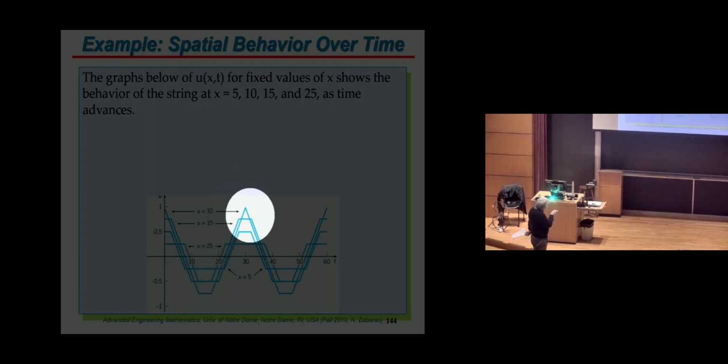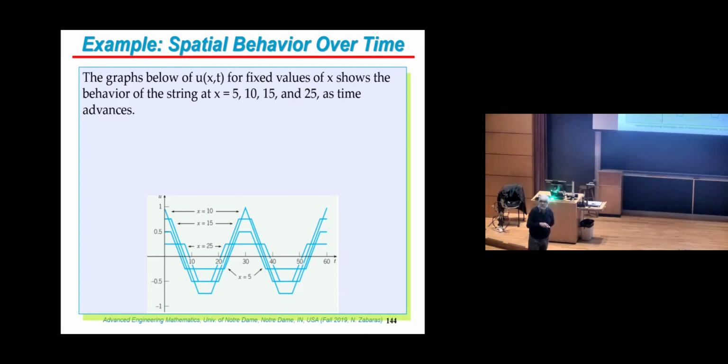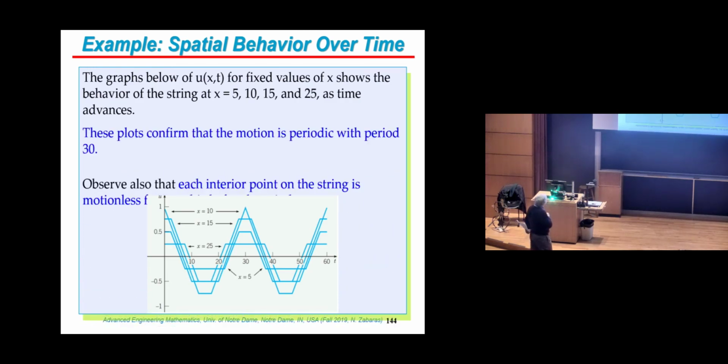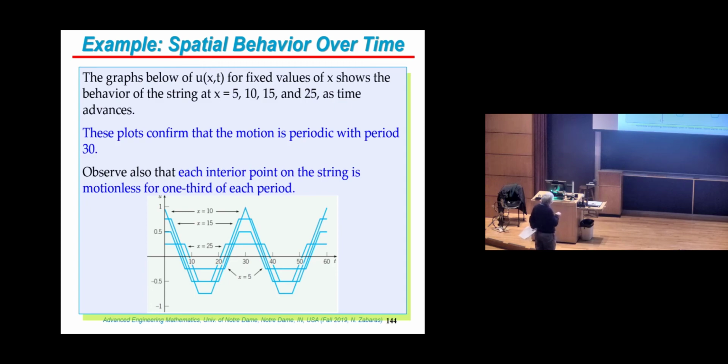And also up there, you can see. So what's going on? Nothing. That's a very interesting thing. So there is no motion in part of the string for about 1/3 of the period. That's why I said if you actually make a movie, you will look at it and say, wow, how come I did not understand this? That this is what you actually get, okay? You get actually nothing.